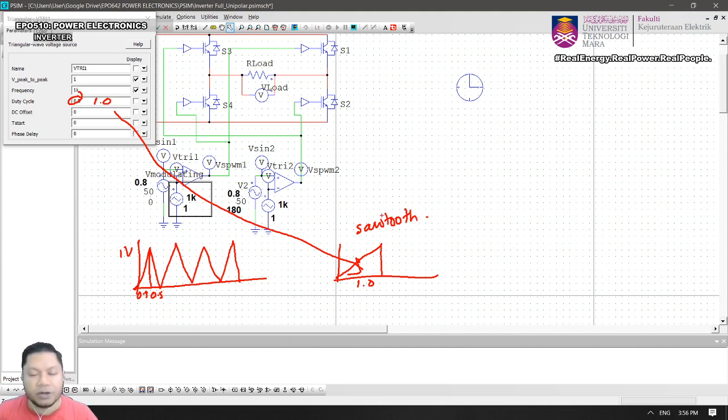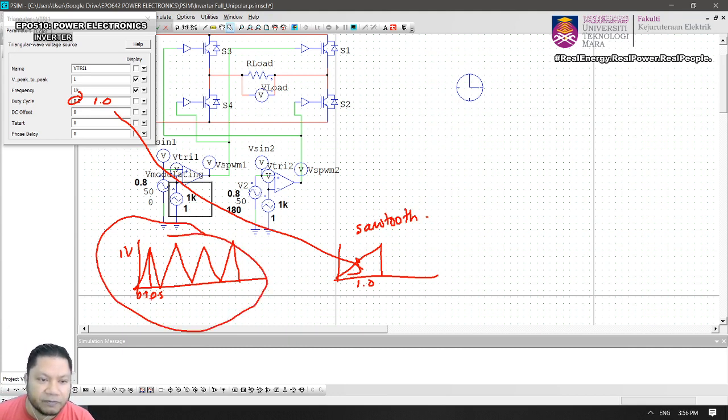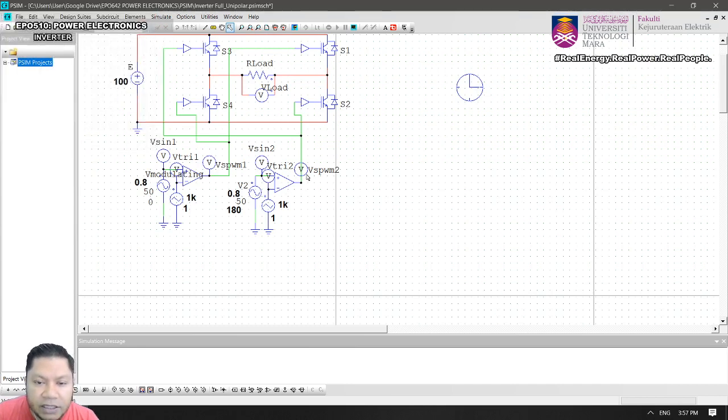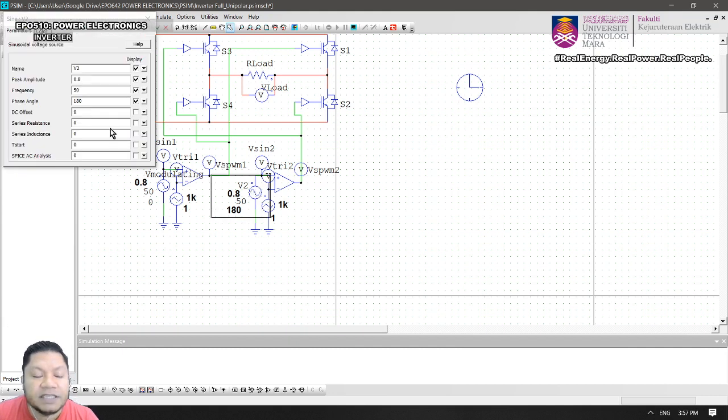This is also applied in power electronics, but in our examples here, we're going to focus on the triangular carrier signals. So you have to make it 0.5, duty cycle 0.5, frequency 1 kilohertz, and V peak to peak is 1. You compare that with the modulating signals, and for the other comparator, the modulating signal will be the inverted version, with a phase angle of 180 degrees.